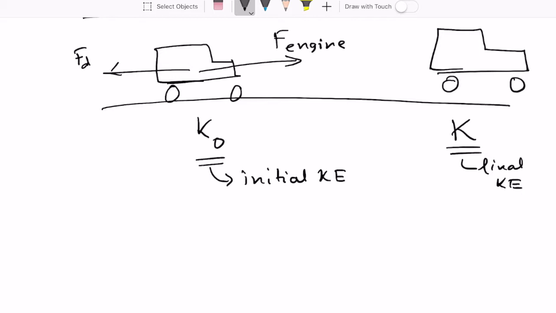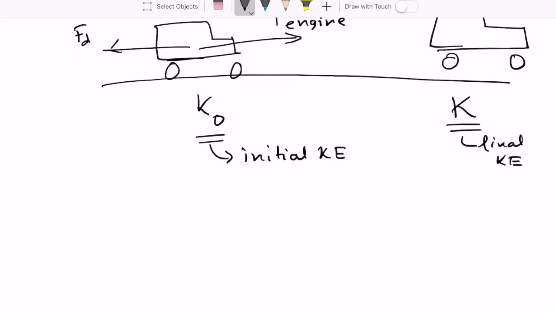So the kinetic energy of the car has changed from K initial to K final under the influence of a bunch of forces. Now, in the last lecture, we learned how to calculate the net work, which is the total amount of work done by all the different forces. So the work kinetic energy theorem tells us that the net work done is equal to the change of kinetic energy.